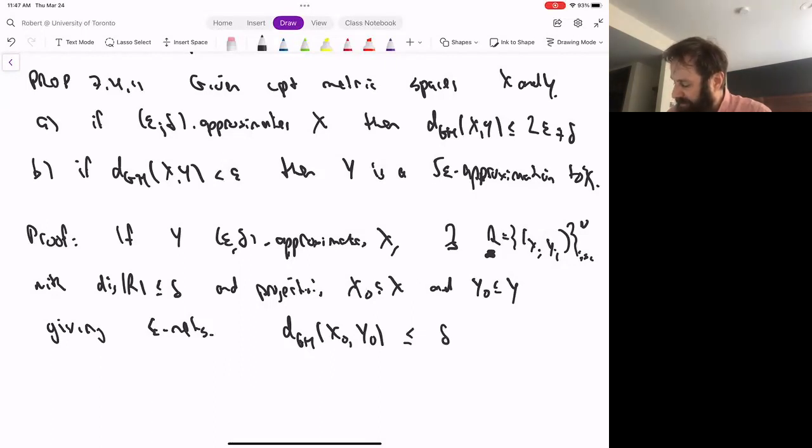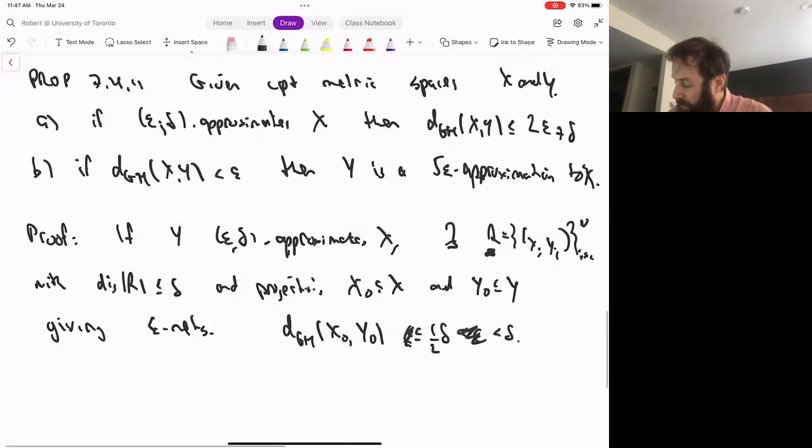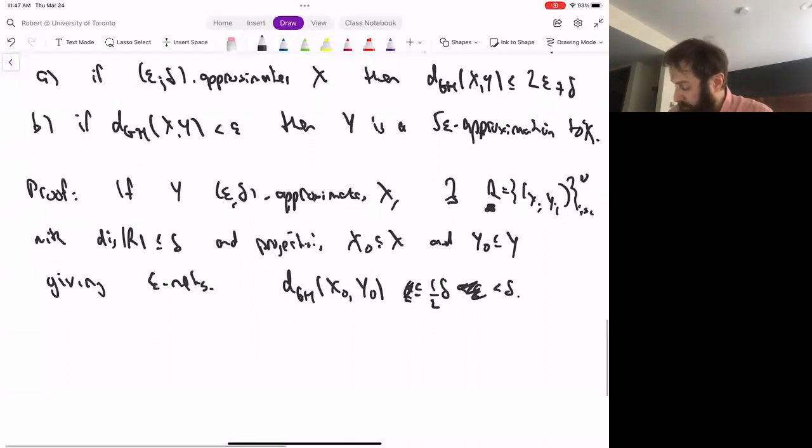Well, okay, so if it's 1/2 delta, then it's less than 1/2 delta. So in this particular case it's less than delta. So that's for these finite subsets.